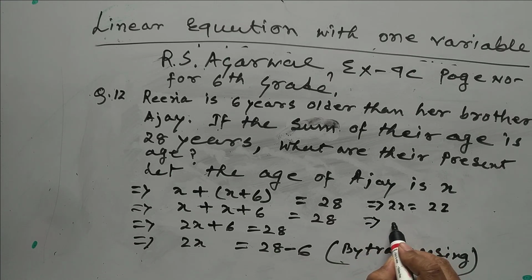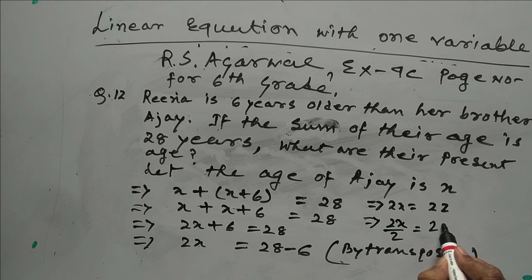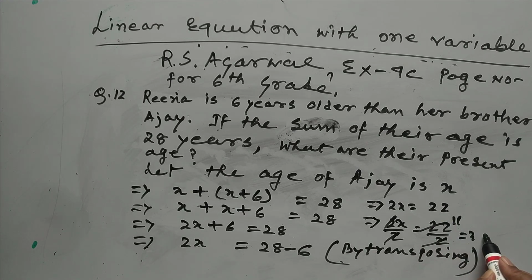So it is 2x by 2 equals 22 by 2. Now 2 elevens are 22. So x equals 11.